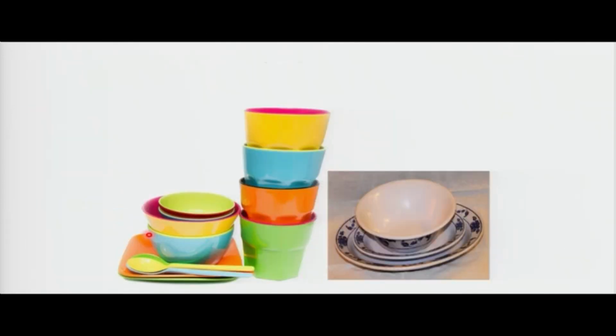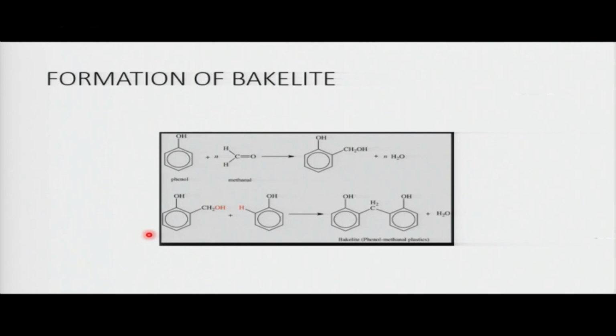So let's continue, and we talk about our formation of bakelite. Hope you are seeing this very well. So we have phenol here. Bakelite is a mixture of phenol and methanal. So phenol and methanal react together as you see in our equation.